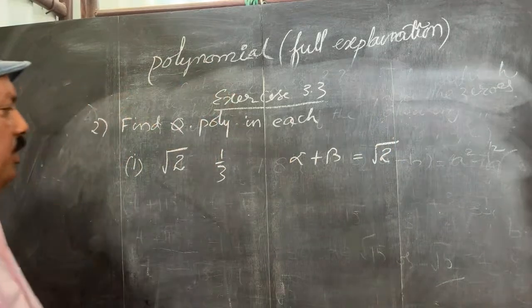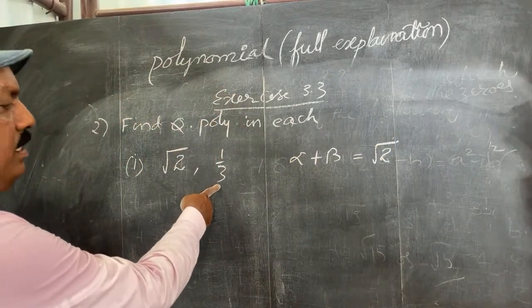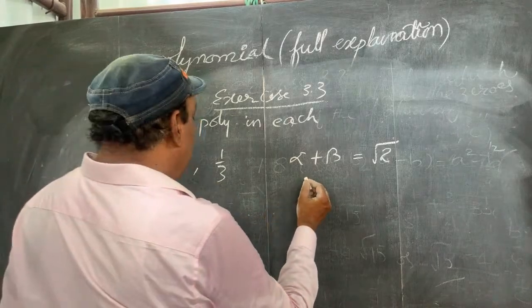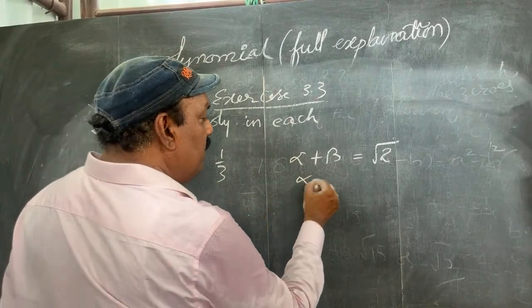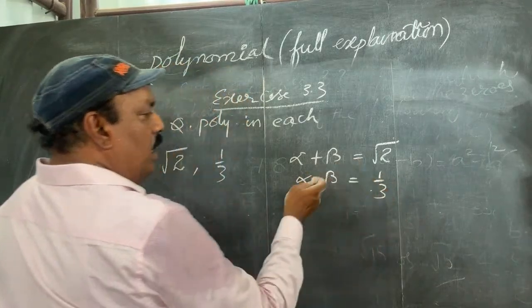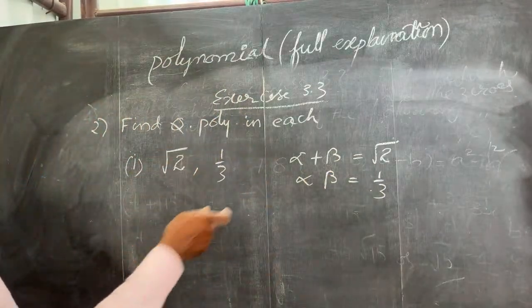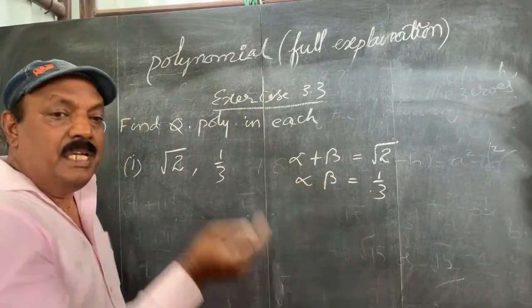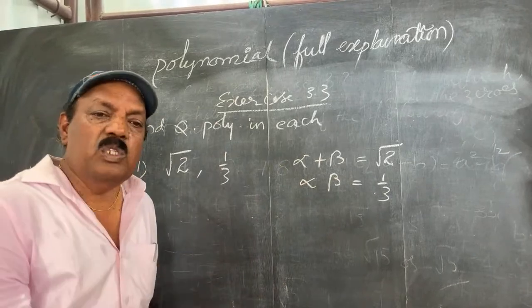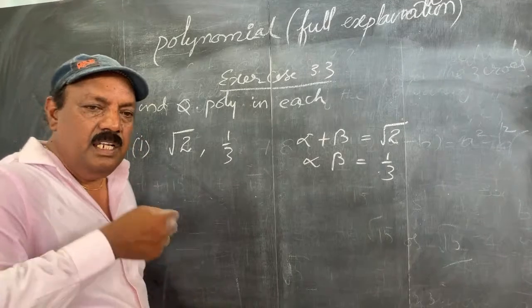Next, after root 2, what is the other number present here? 1 by 3. So this is the product of the zeros. Product of the zeros is equals to 1 by 3. Sum of the zeros is root 2, product of the zeros is 1 by 3. And by using this sum of the zeros and product of the zeros, he is asking to develop one quadratic equation.